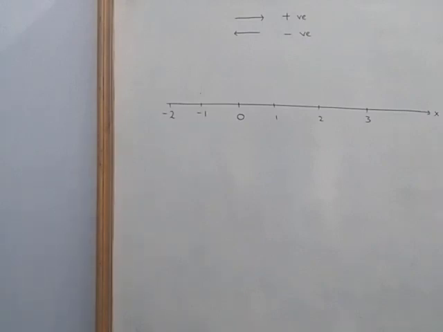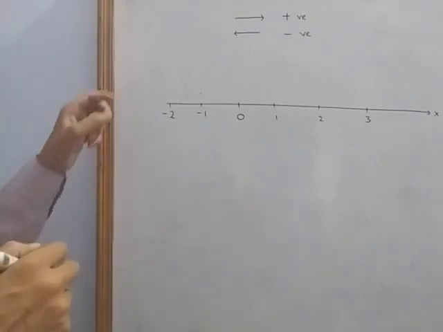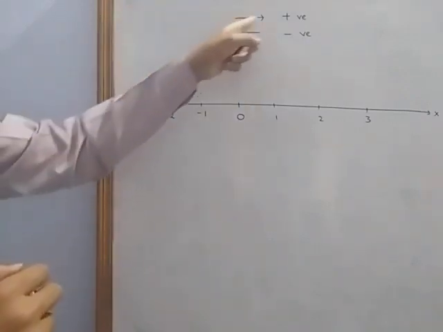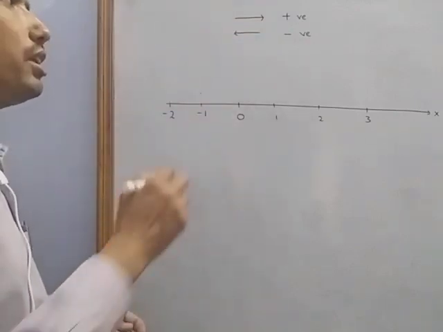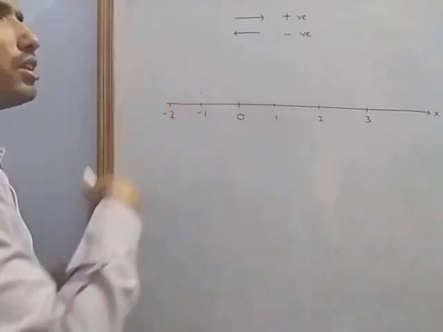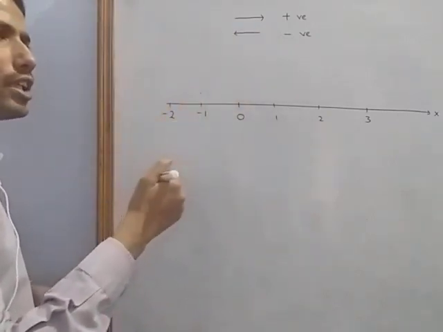Again we take the help of this number line, and as I have indicated here, to the right direction we have taken the convention of positive sign, and if the vector is towards left direction we will use negative sign.